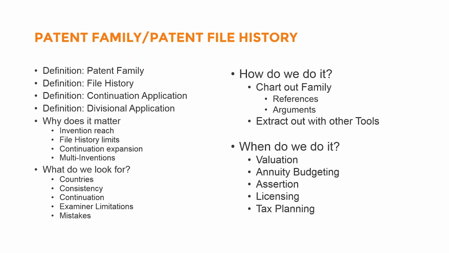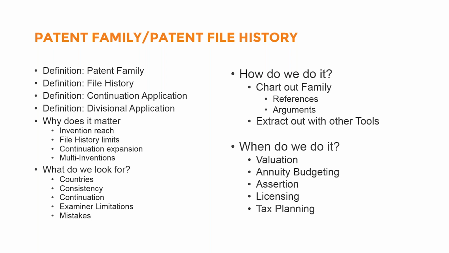Sure. So that defines where we're going to be looking at patent families. The other part of the analysis is with respect to the file history. The file history of a patent is, I guess, the docket of transactions that have happened during and sometimes after the prosecution of a patent matter.